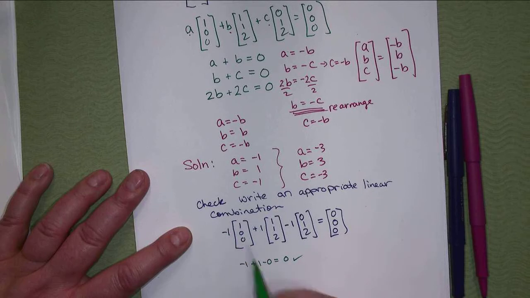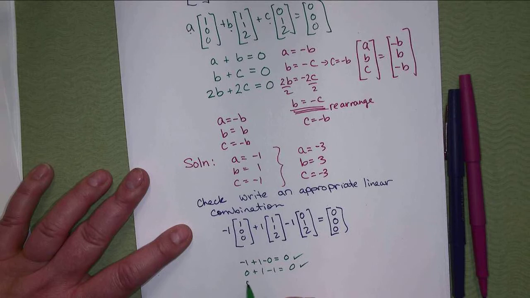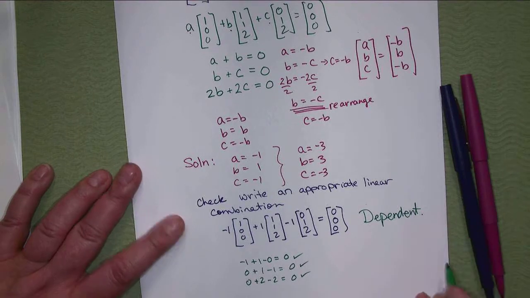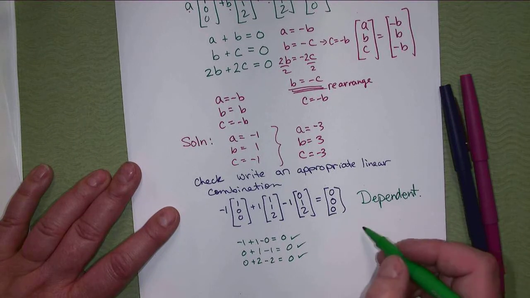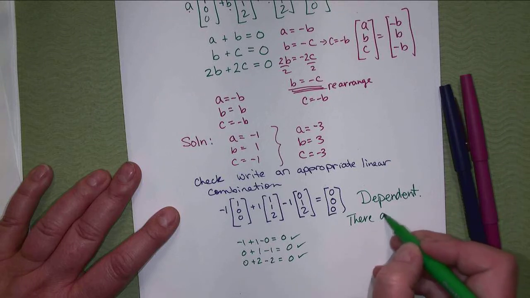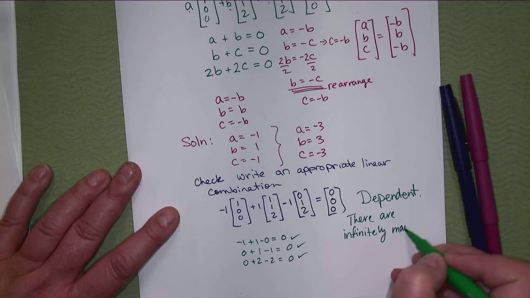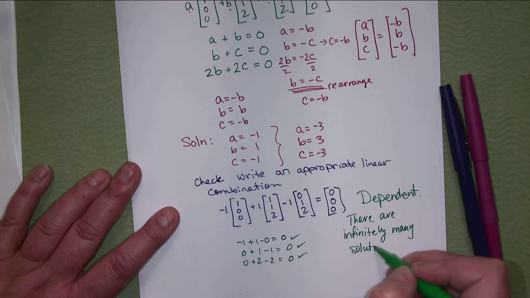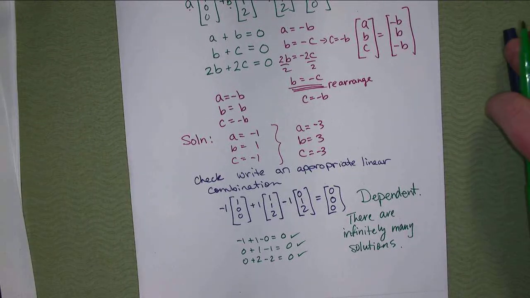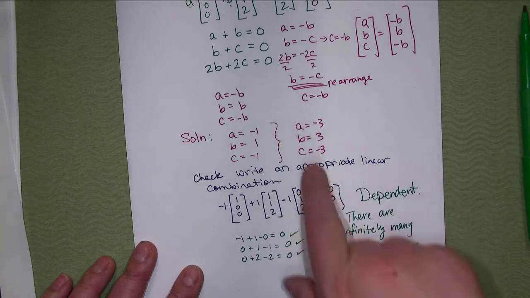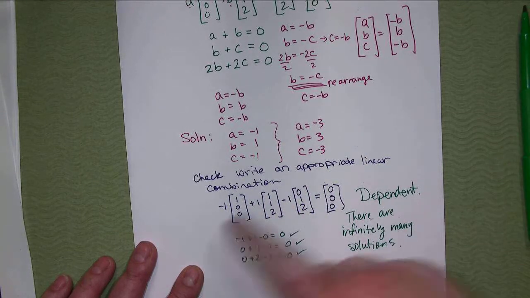The second row gives me 0 plus 1 minus 1. And the third row, 0 plus 2 minus 2. So it's dependent, which means there are infinitely many solutions. You could write a different number in here for A, B, and C, and it would work. If we put the 3's in or 100 in, it would still work.